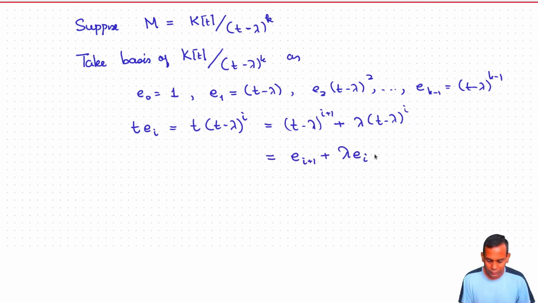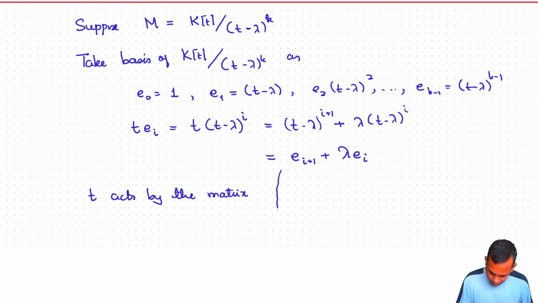So if you write down the matrix of this, then T acts by the matrix that has lambdas along the diagonal, and just below the diagonal it has ones.